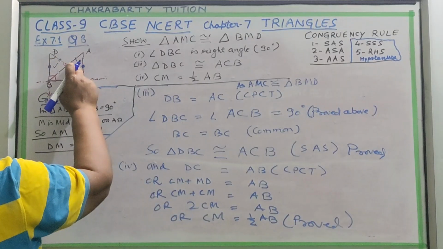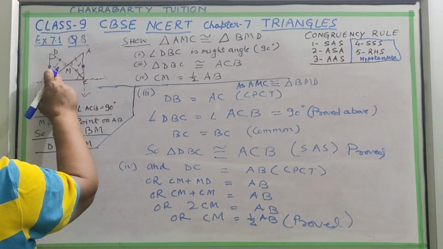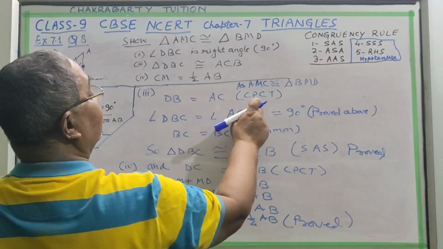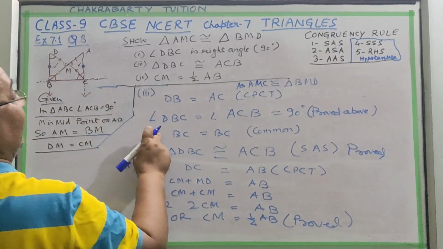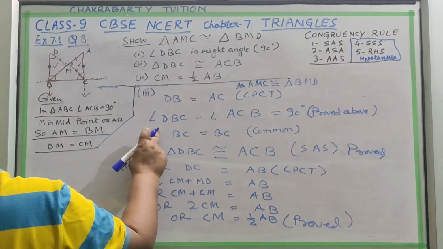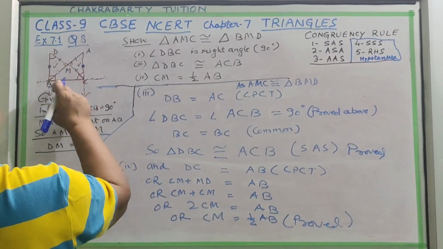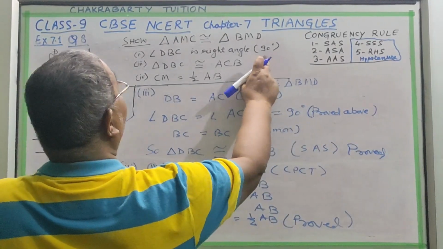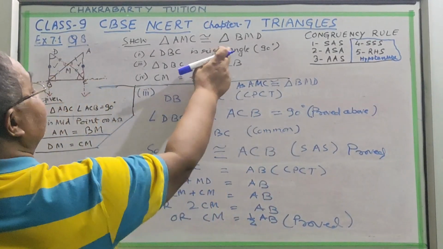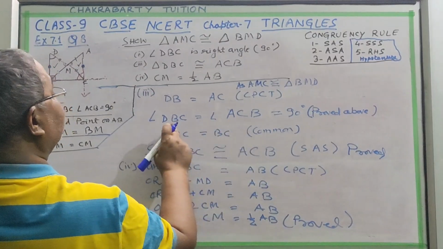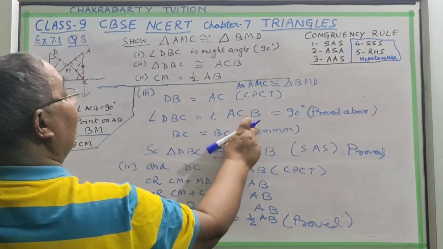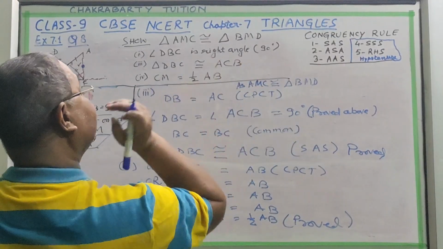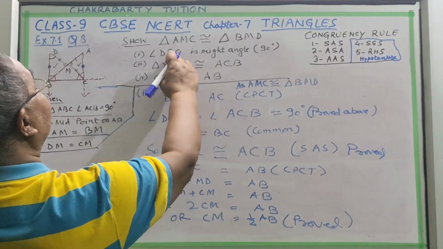So these triangles are congruent, and line DB will be equal to line AC, corresponding parts of congruent triangles. Second, angle DBC and angle ACB: we have proved DBC is 90 degrees, and ACB is already given as 90 degrees, as proved above in the earlier part, part B.